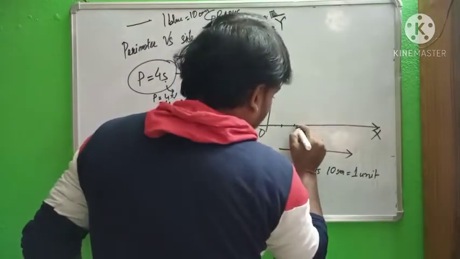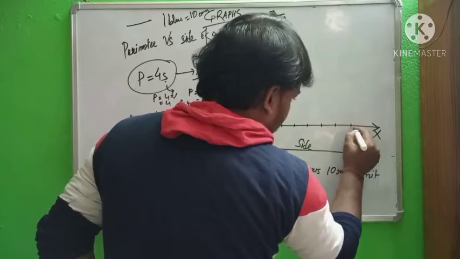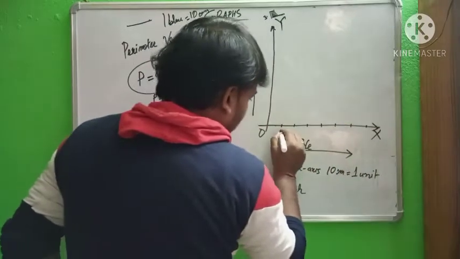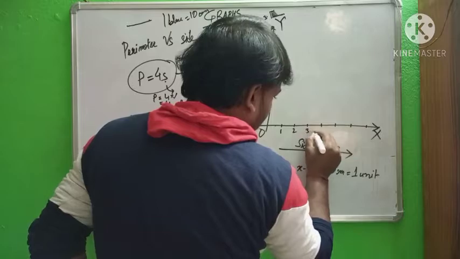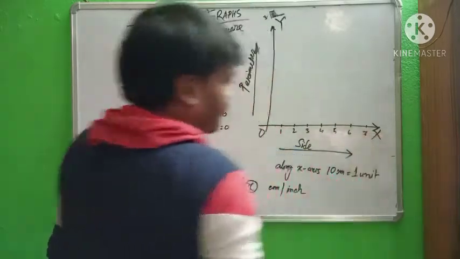1 unit, 2 unit, 3 unit, 4 unit, 5 unit, 6 unit, 7 unit. So it is 1, 2, 3, 4, 5, 6, 7.